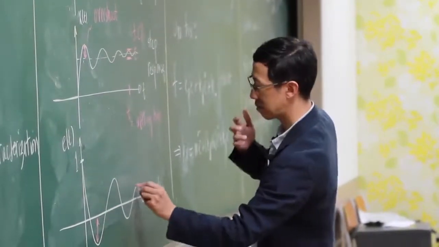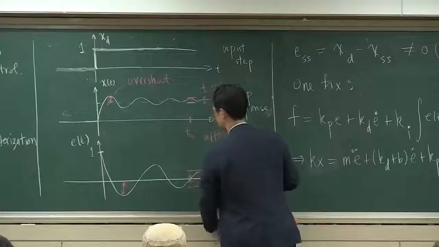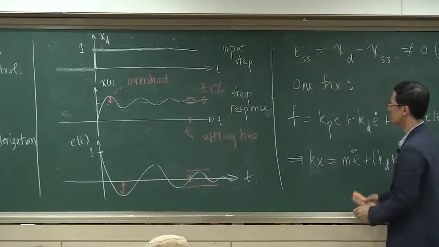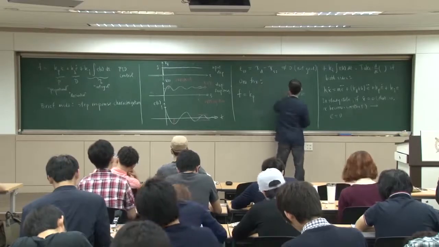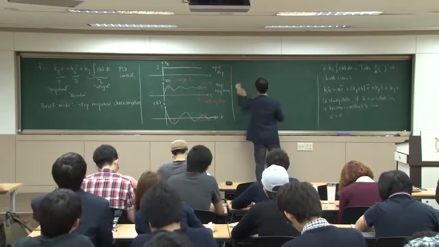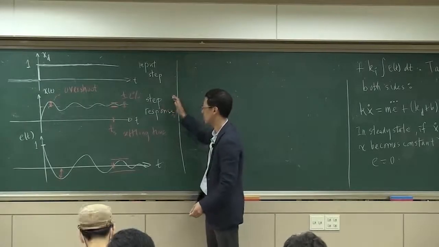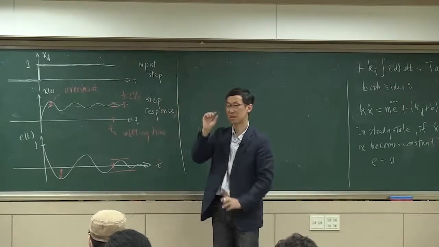Settling time would be, say, I don't know, maybe here. You'll see descriptions like this used a lot: input step response, settling times, overshoot, and so on.